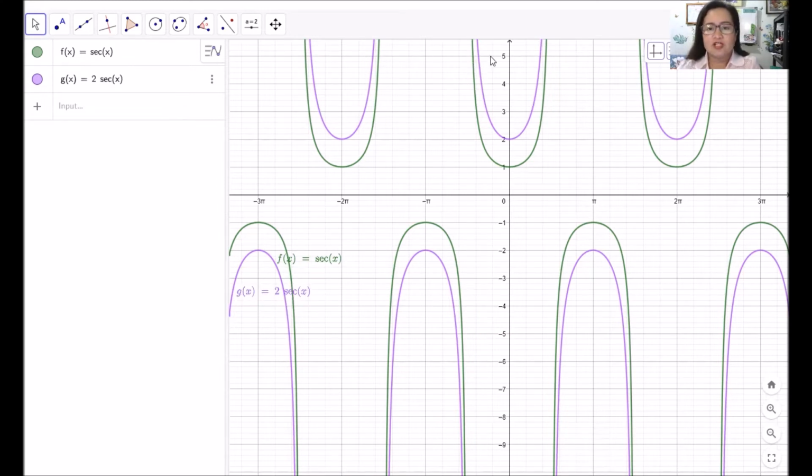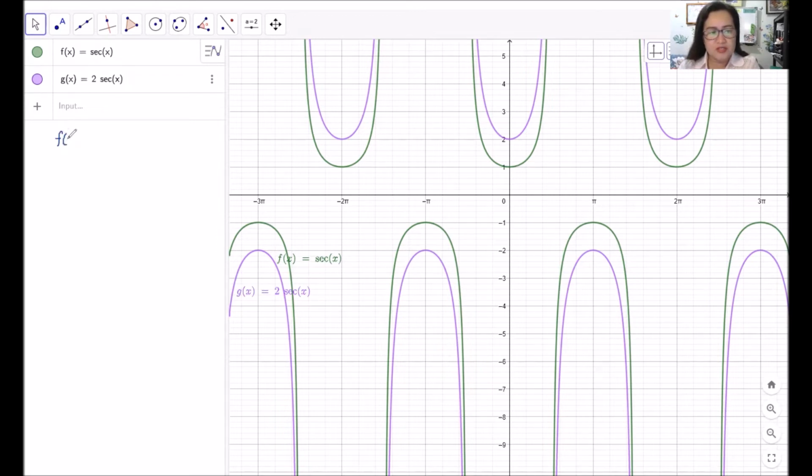Now let's start determining the significant change or changes in the domain, range, and period. Amplitude is not defined, even if we have changed a to 2. So we will just determine the significant changes mainly on the three characteristics: domain, range, and period.